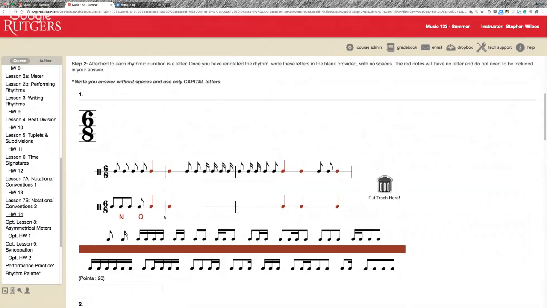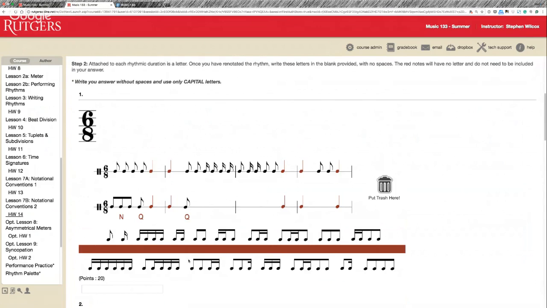1, 2, 3, 4, 5, 6. Here I have 2 eighth notes worth of time, so I need one more eighth note, 3 eighth notes. Not everything has to be under a beam, because the beam shows us where the beat breaks. Right here in the first measure, between the third and the fourth eighth note. Here we have 1, 2, 3, so we need 4, 5, 6. We need to finish up the bar.